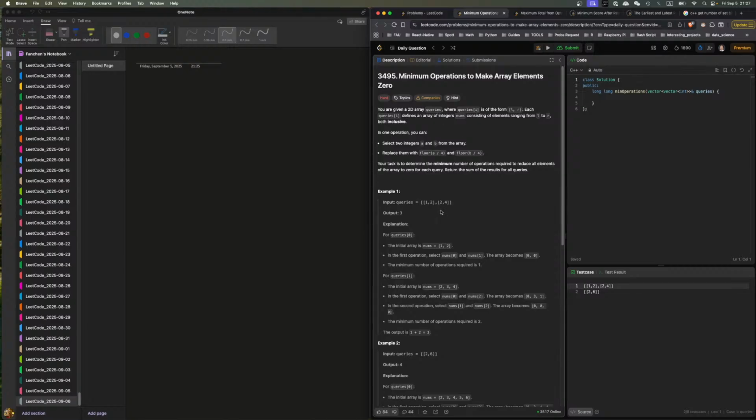Alright, I have queries. Each is of the form L, R. Each query defines an array of integers, nums, consisting of elements ranging from L to R, both inclusive. In one operation, you can select two integers, A and B, from the array.